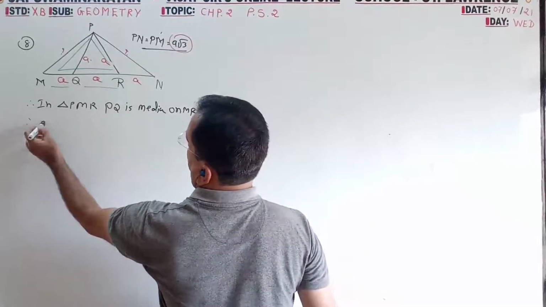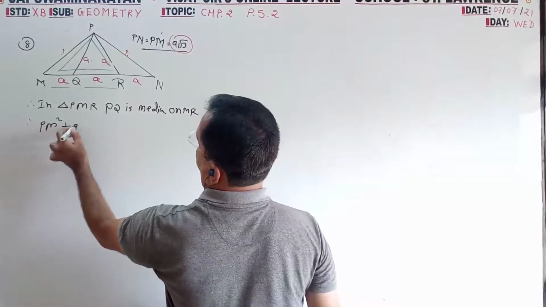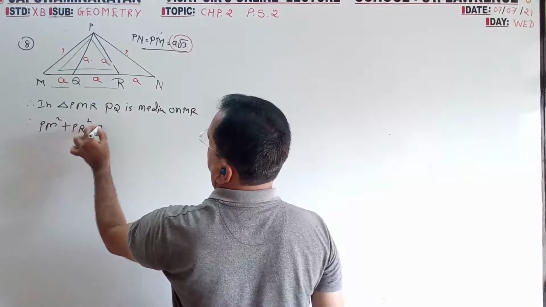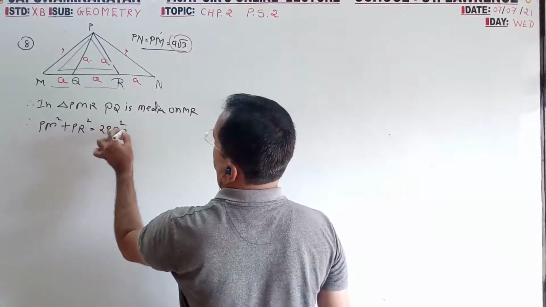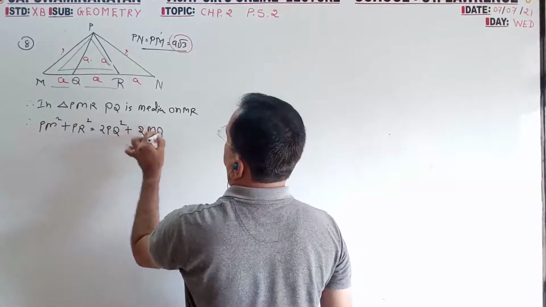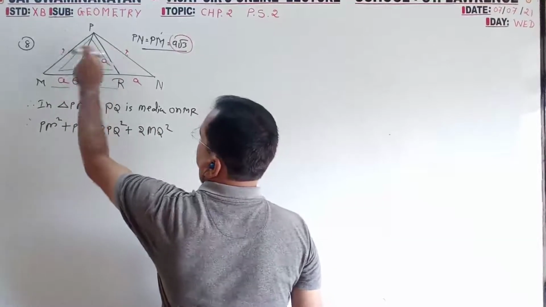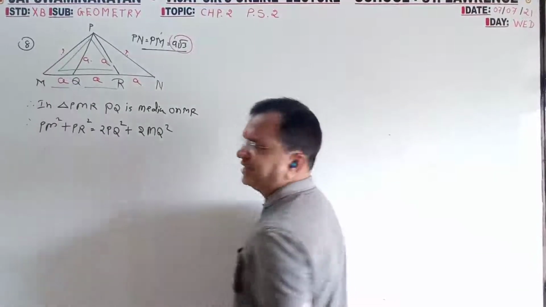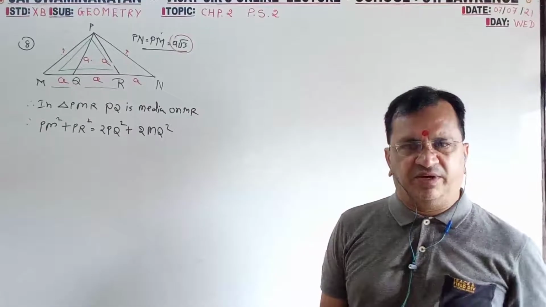So PM square plus PR square, Apollonius theorem, is 2PQ square plus 2MQ square. Square of this plus square of this is equal to 2 square of this plus 2 square of this. Any one base you can take because both are equal.